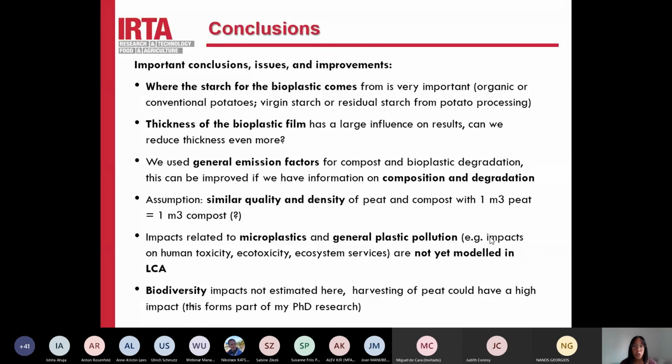Two important limitations in life cycle assessment are that impacts related to microplastics and plastic pollution are not yet modeled, thus excluding possible impacts of toxicity and impacts on ecosystem services. This is currently being studied by many LCA groups around the world. Biodiversity impacts were also not estimated here, in which peat harvest could have high impacts, but this will form part of my PhD research.